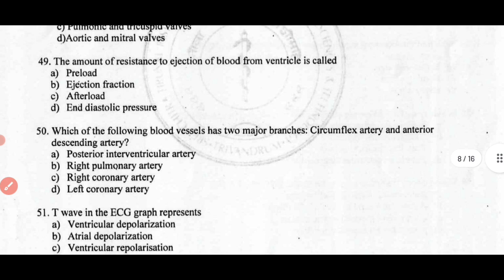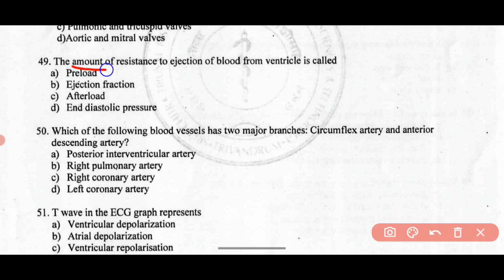The amount of resistance to ejection of blood from the ventricles. If you see the words amount of stretching of the ventricles for filling of the blood, that stretching keyword means preload.